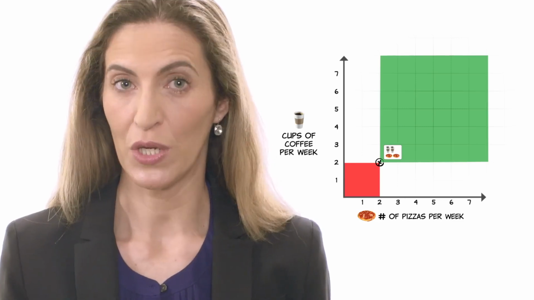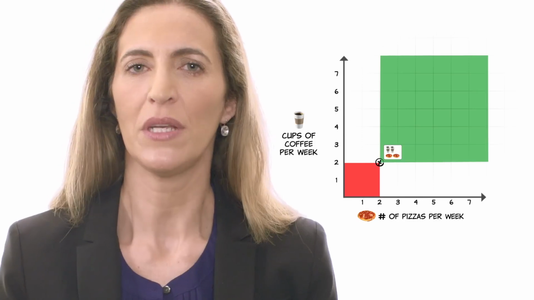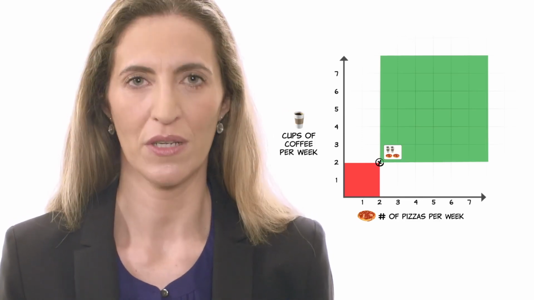Now that we know what you prefer and what you don't prefer, let's think about the combinations of goods that will leave you indifferent. You may not mind if instead of having 2 pizzas and 2 cups of coffee, you have just 1 pizza and 3 cups of coffee, or 3 pizzas and 1 cup of coffee.